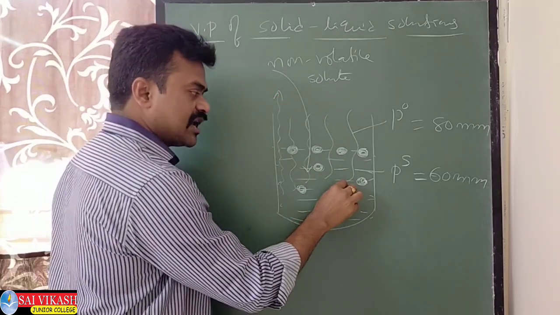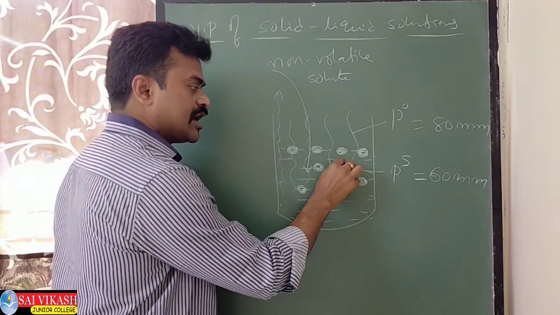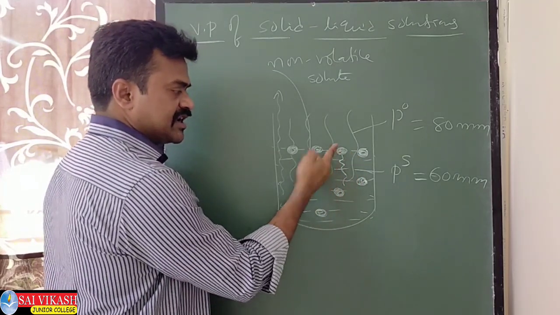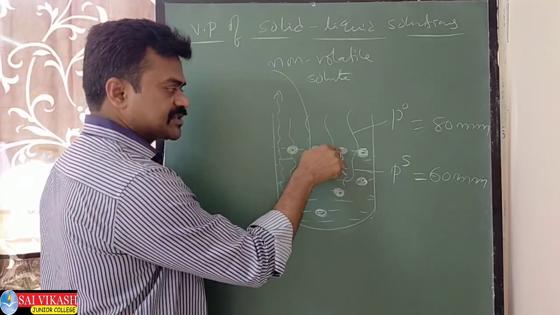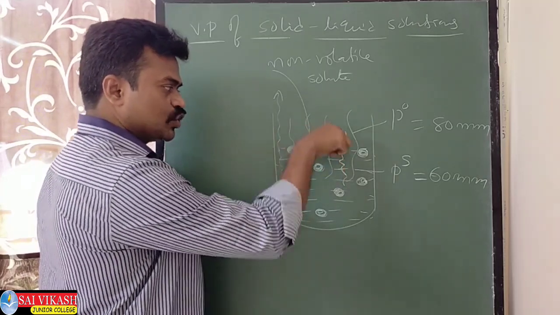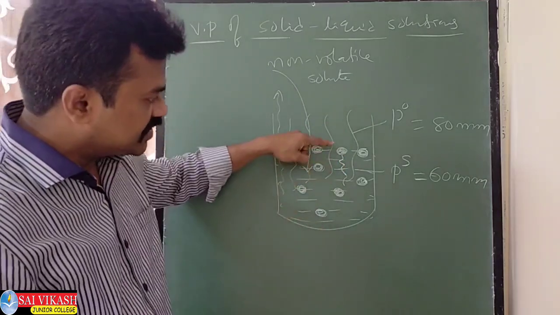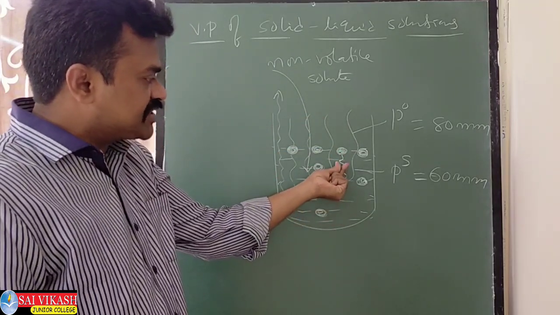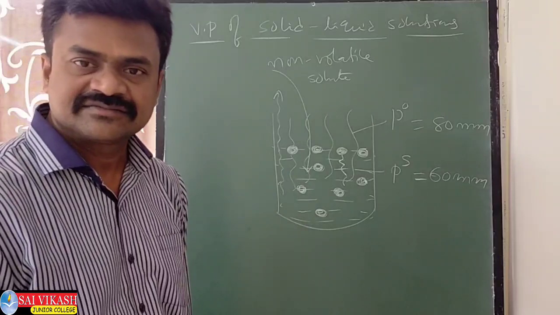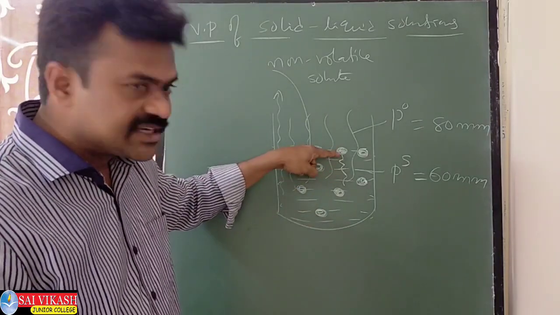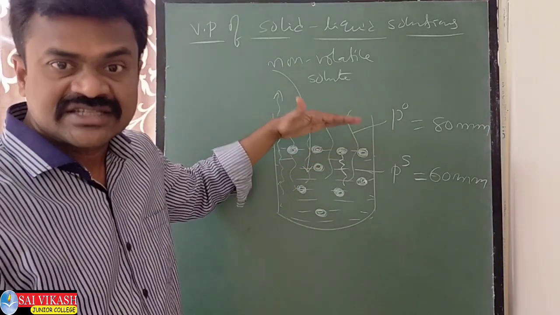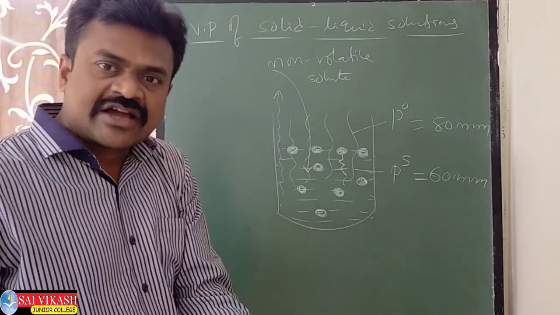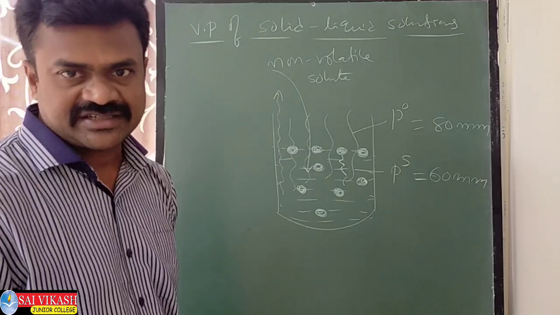But some solvent molecules want to vaporize and reach the surface, but the surface part is already occupied by solute particles. That's why these solute particles stop the vaporization of the solvent particles. The particles occupying the surface of the liquid restrict the vaporization of the solvent particles.